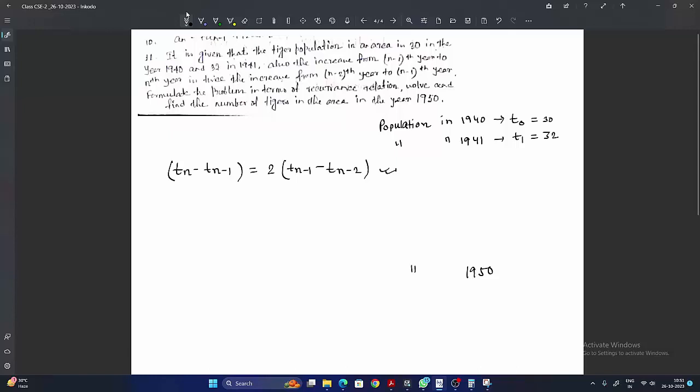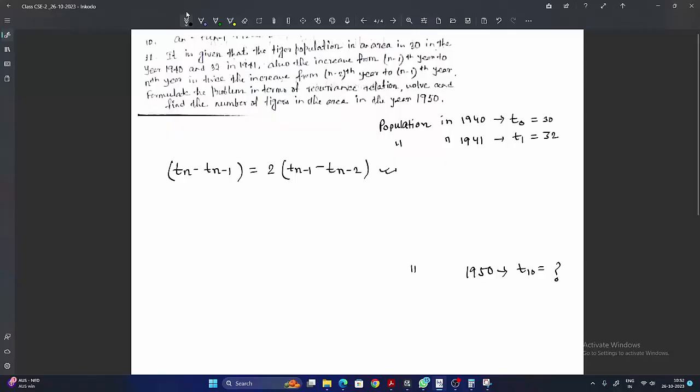So that is T0, T1, and in this way, what will 1950 be? It will be T10, right? T0 is 30, 1941 is T1, so 1950 is the T10th term.